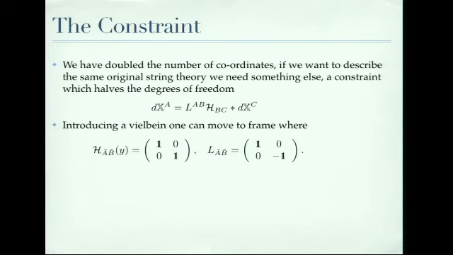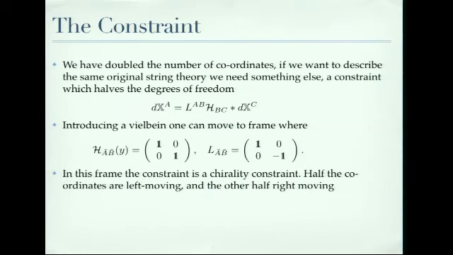So if we go to tangent space and introduce a vierbein, one can diagonalize both of them basically. And in that case, this constraint takes a very simple form. For the first half of the coordinates, this is just self-duality, and for the other half, it's anti-self-duality.